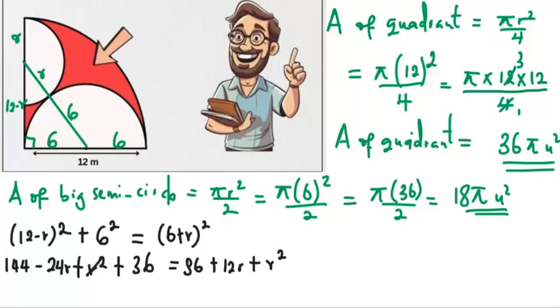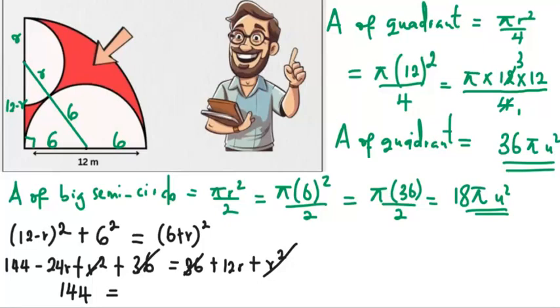Now we can subtract r squared from both sides to get them eliminated. And from here, we're going to simplify where necessary. So we can subtract 36 from both sides as well. So everything is getting cooler. Here, we have to add 24r to both sides. So we obtain 144 on the left-hand side is equal to 12r plus 24r.